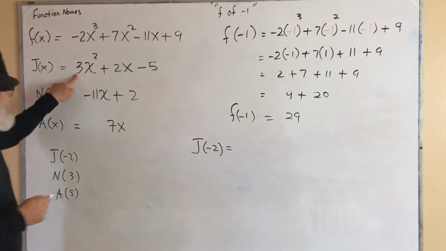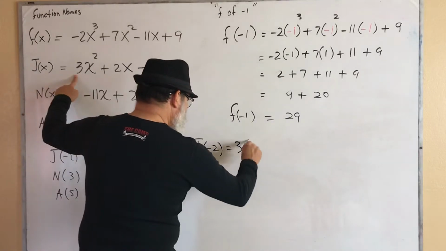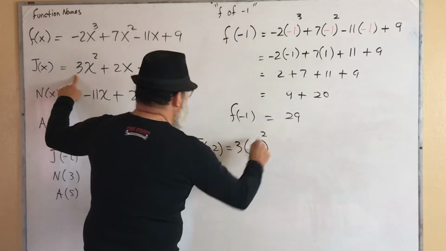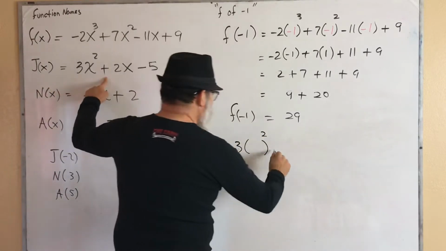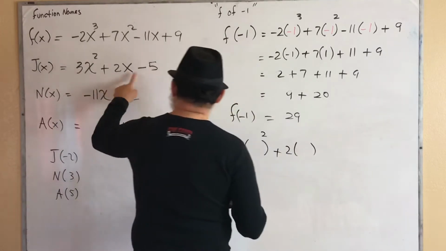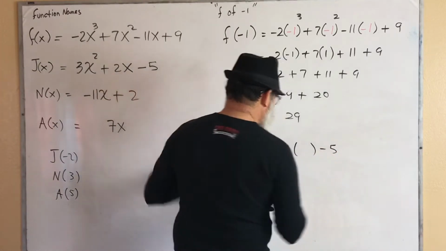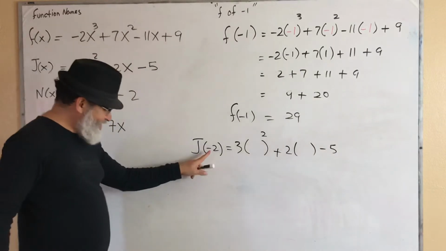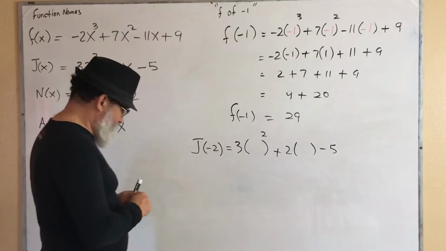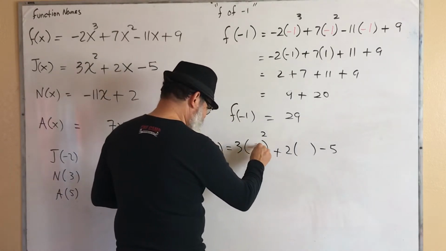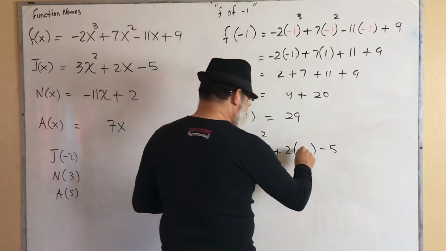Okay, that's a 3 times -2 to the second power, right there, plus a 2 times -2 minus 5. Okay, since x is -2, I'm going to plug in red -2 there. I hope you can see that, and -2 there.